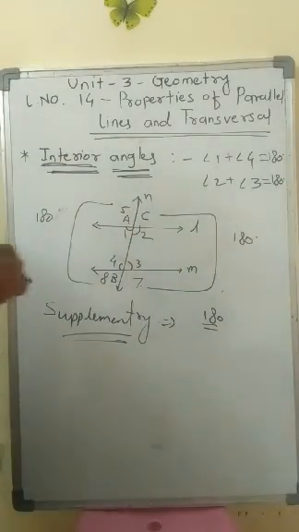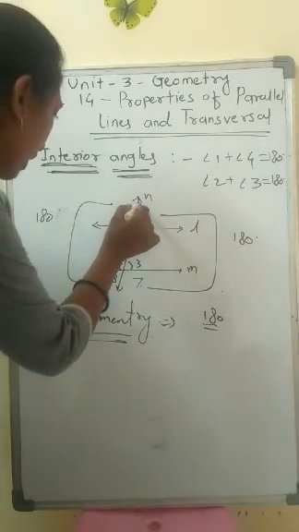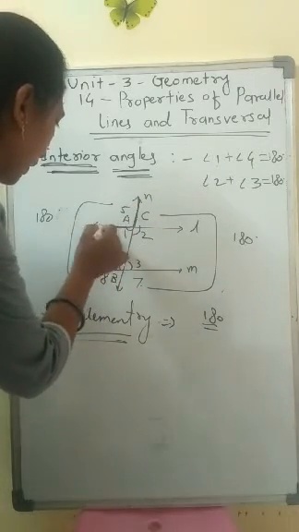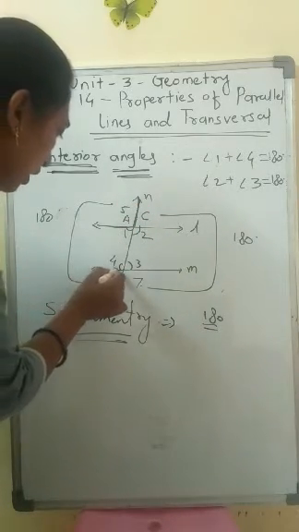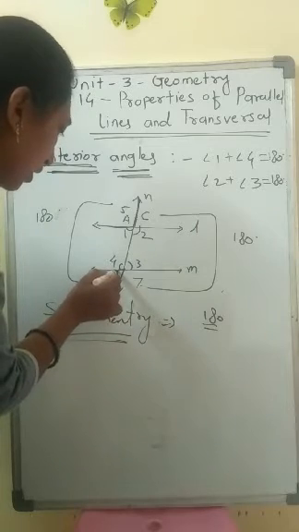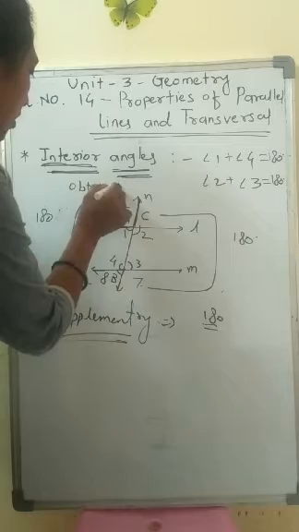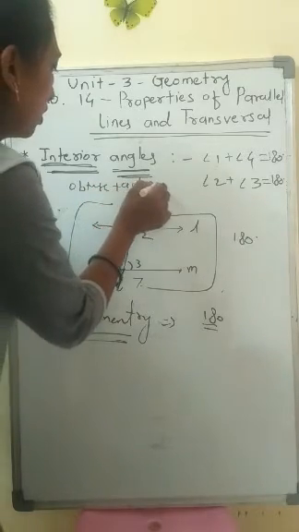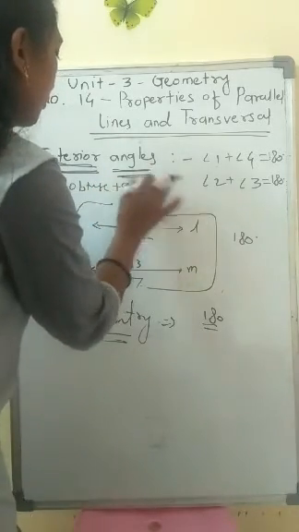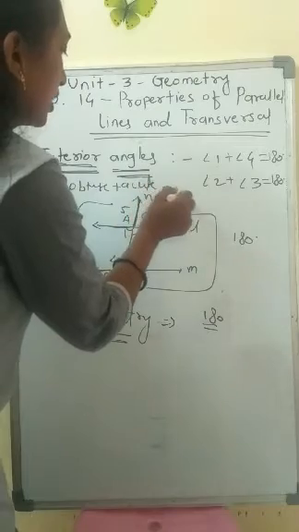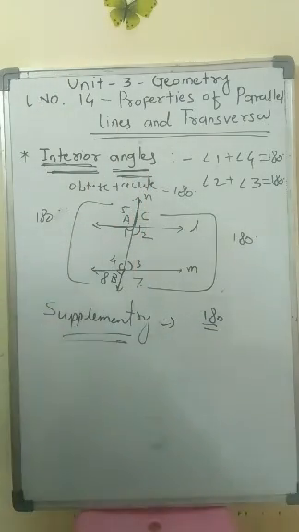Why? I will give the reason. Look here. This angle is obtuse and this angle is acute. Obtuse plus acute is equal to 180 degrees.